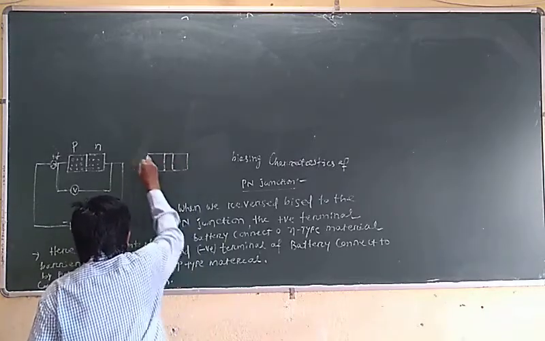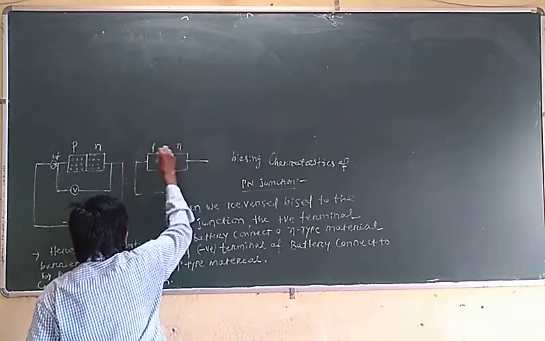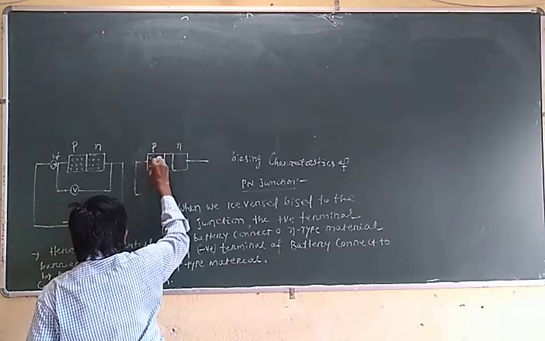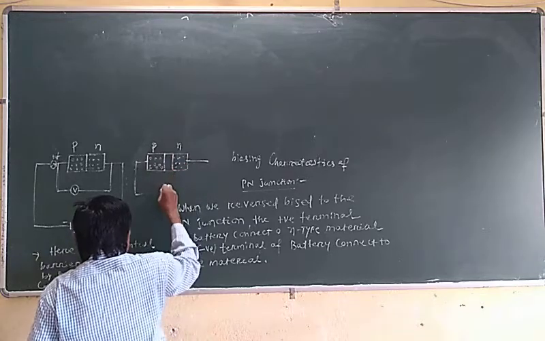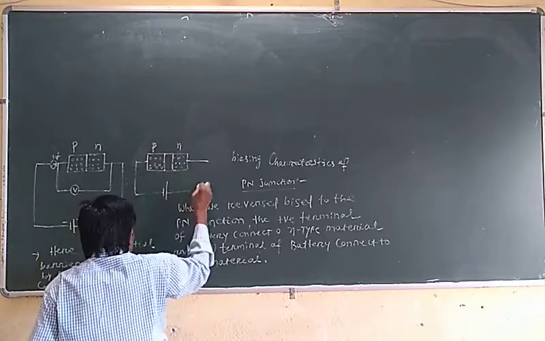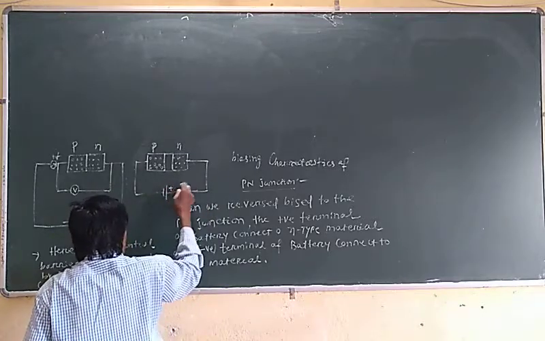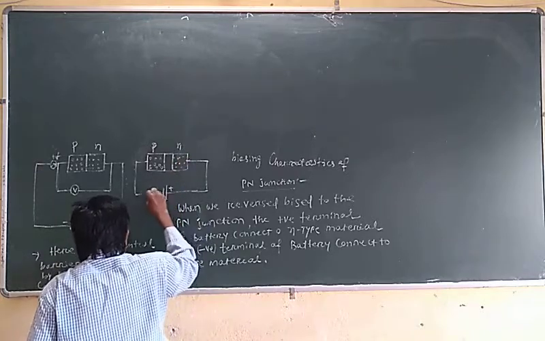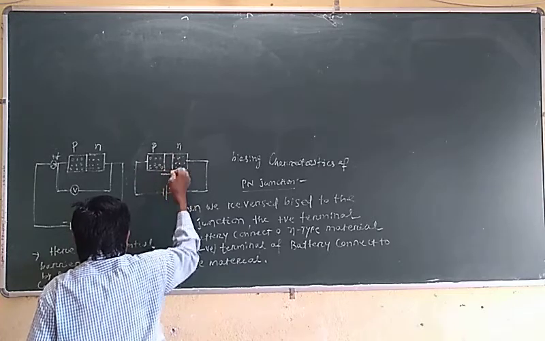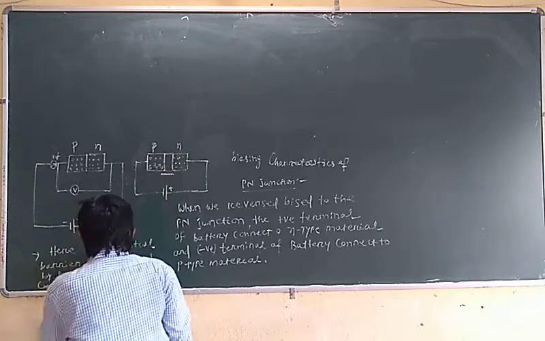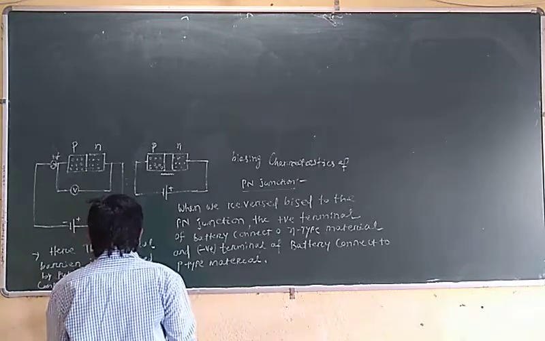Next diagram we draw. This is the P-type material and N-type material. These are the holes. These are the electrons. This is the connection of a battery. By this connection, the positive is connected to negative and negative is connected to positive. Then the barrier potential is also increased. Here the potential barrier is increased by the opposite connection in a PN junction.